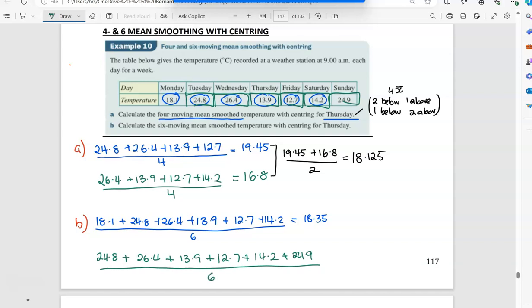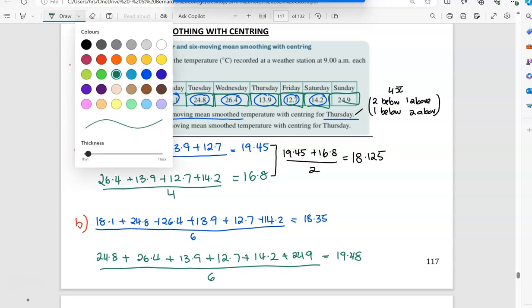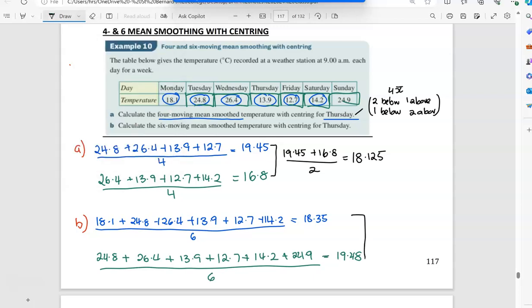So you're not typing it all out again. Okay, so there's the 2, and then we would center that by adding those 2 together and dividing by 2, because centering's only divide by 2, and then we got 18.92.